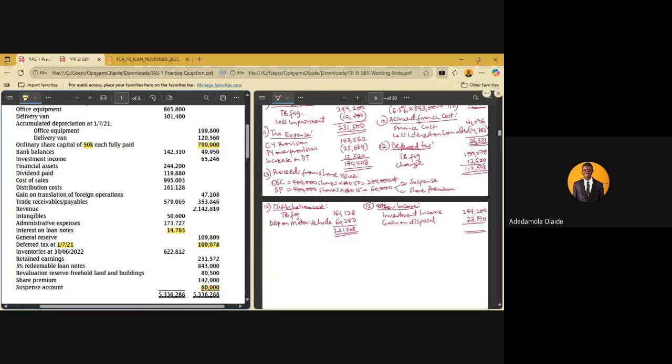No, investment income is 65,246, because as an income, it would have been on the credit side.